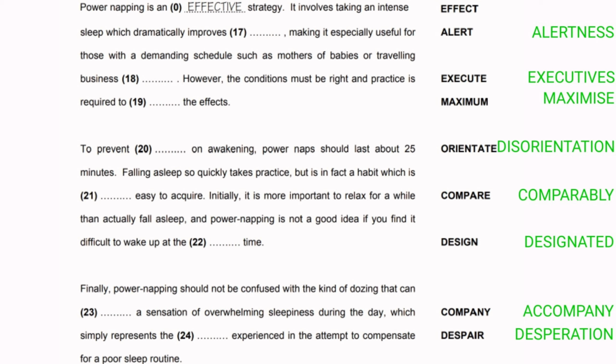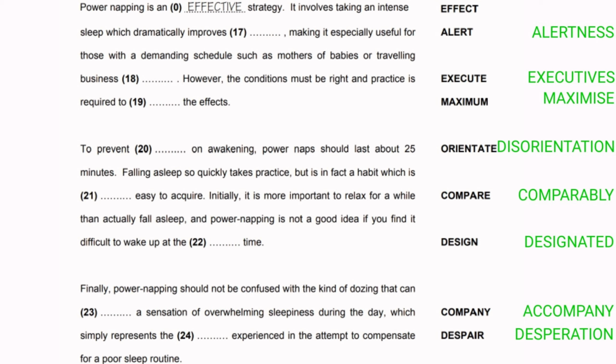And the final gap, 24. Now, this is a bit of a complicated one. I think they've been a bit unfair here because despair and desperation, I think, are synonyms, really. They both mean the same thing. So it's not that you're changing the word despair for a variant of that word, rather you're actually taking a synonym which looks very similar to it. What I mean is this sentence, if we just put despair in the gap, would make sense.